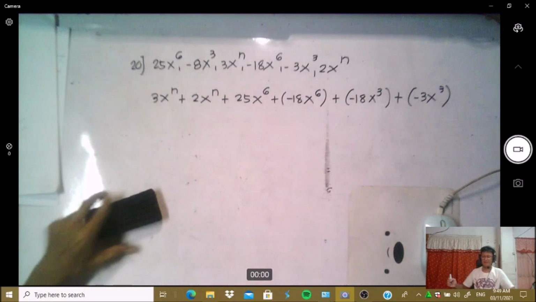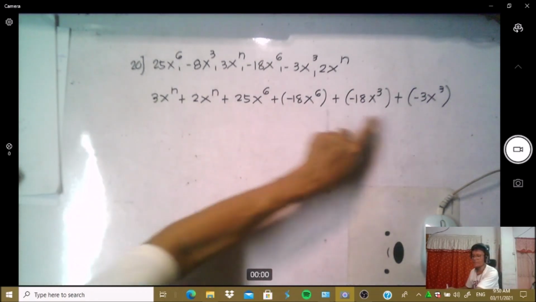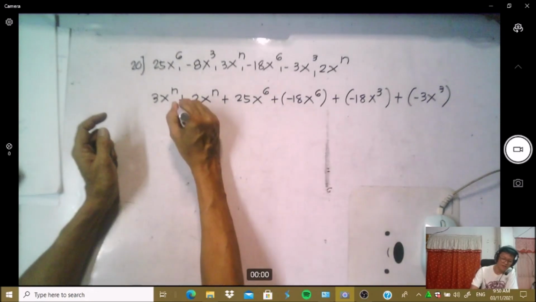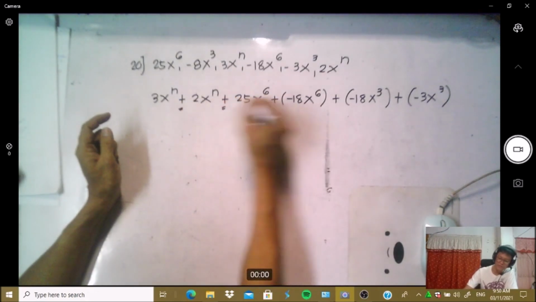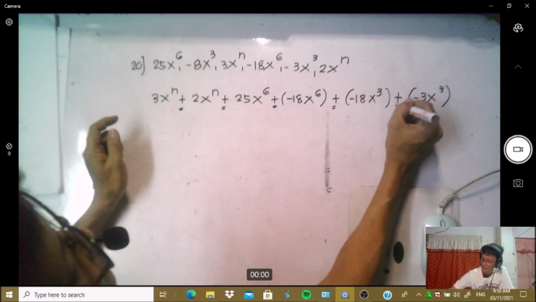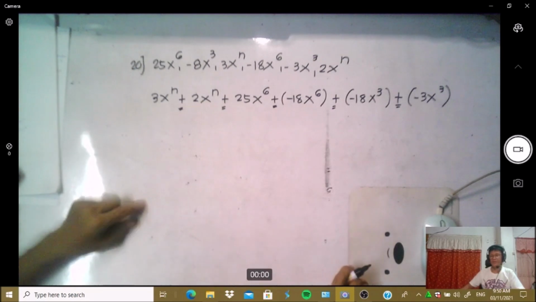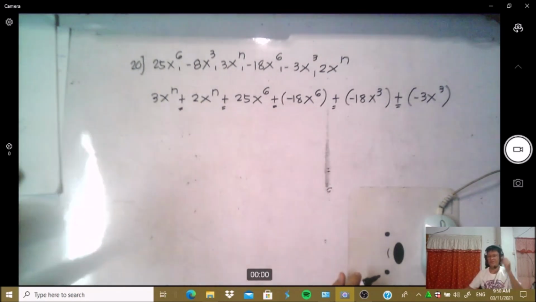Okay, so we are on addition of monomial, so the sign should be shown. But actually, you can go directly to negative, so that will involve addition and subtraction.